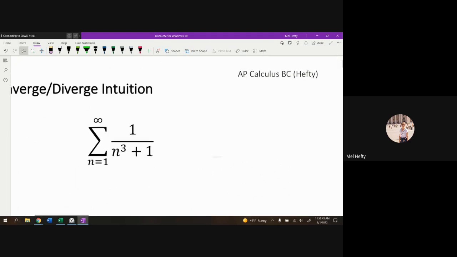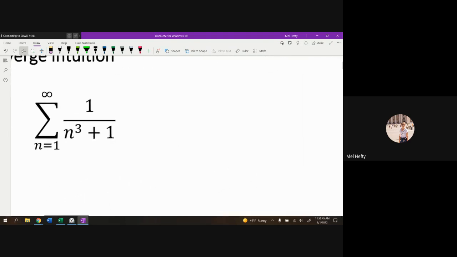So looking at this series right here, does this series kind of look like something that we've already done? What does it kind of look like? Maybe a telescoping. I think it looks a little more similar to something else. All right, looks a little similar to integral test. I don't know how to integrate this.